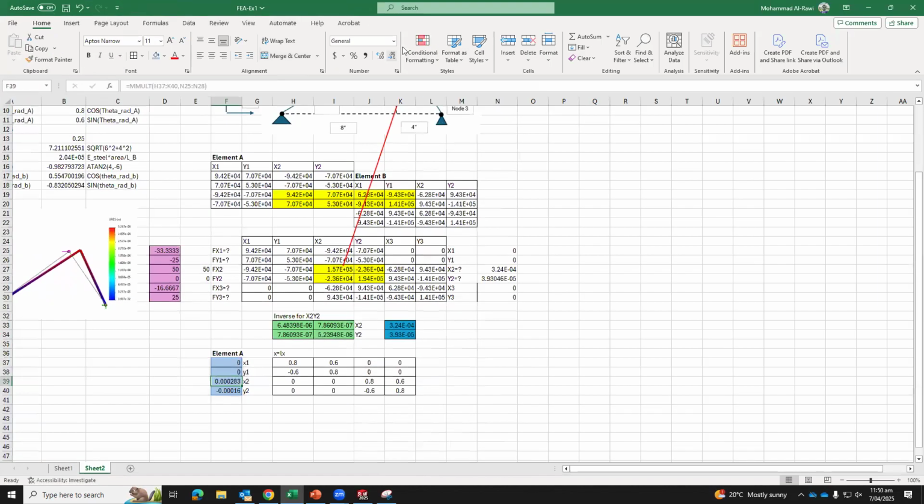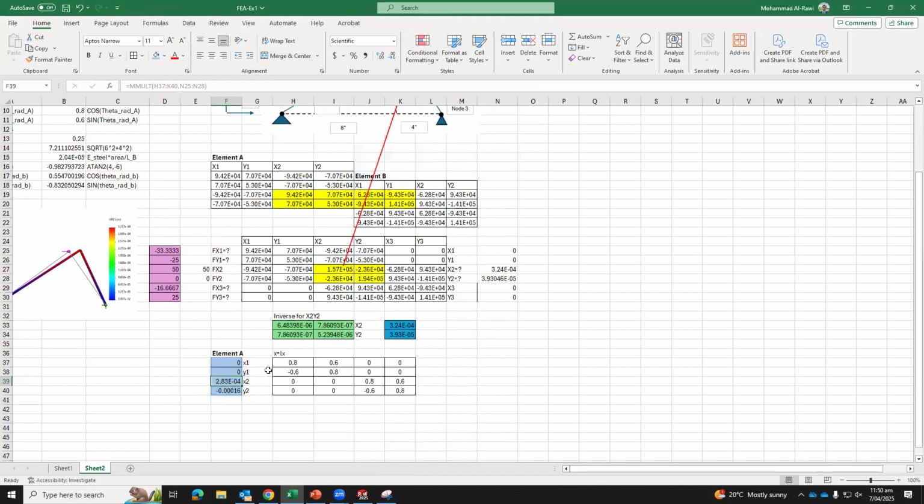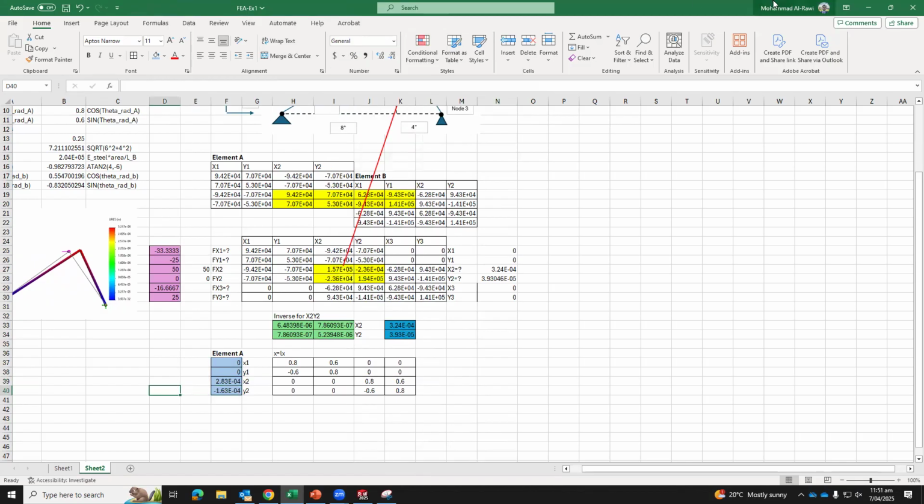I like always to go to scientific, because remember, the things we got from scientific are the ones we will see in Excel files. 2.83.